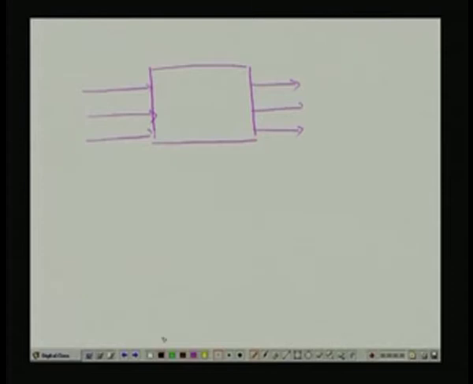Now, see that this is a function f realized. Now, this f can be a large circuit, or just now I mentioned that this is a set of functions. See, this can be a set of functions f1, f2, f3 like that.